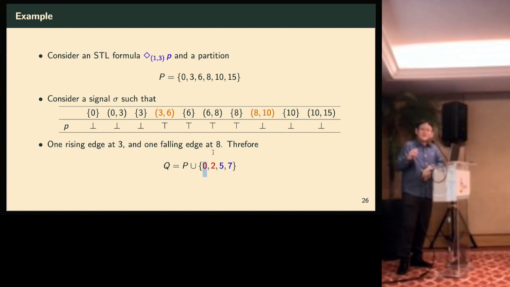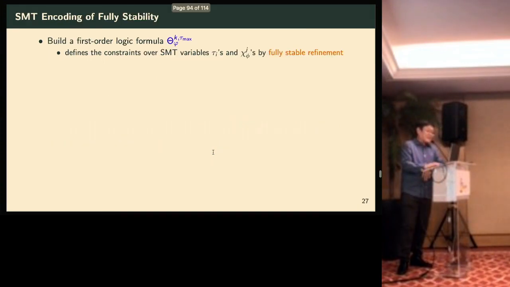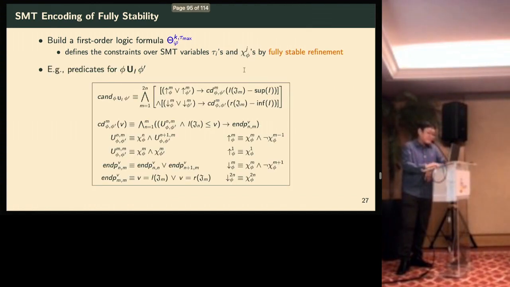Although it is simple, formalizing it involves some difficult steps. But we are now able to build a first-order formula that defines the constraint over SMT variables, similarly by this fully stable refinement. To give some idea of how it looks, I shall show a snapshot.